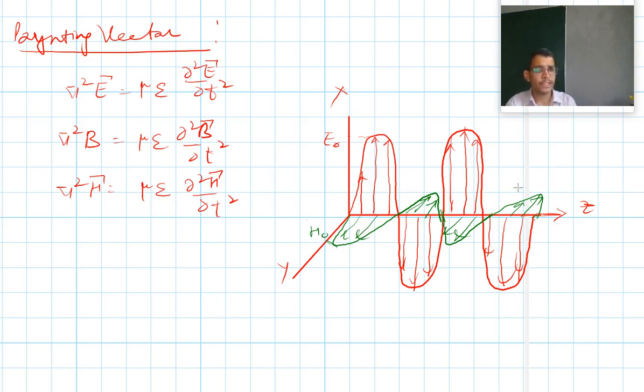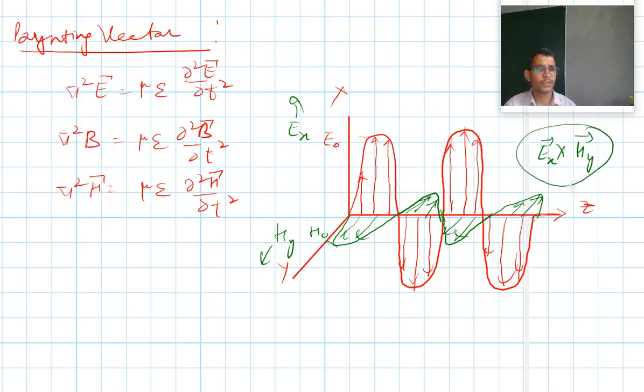So this is Ex and this is Hy, and the wave is propagating along the z-axis. That means the wave propagation is along Ex cross Hy.